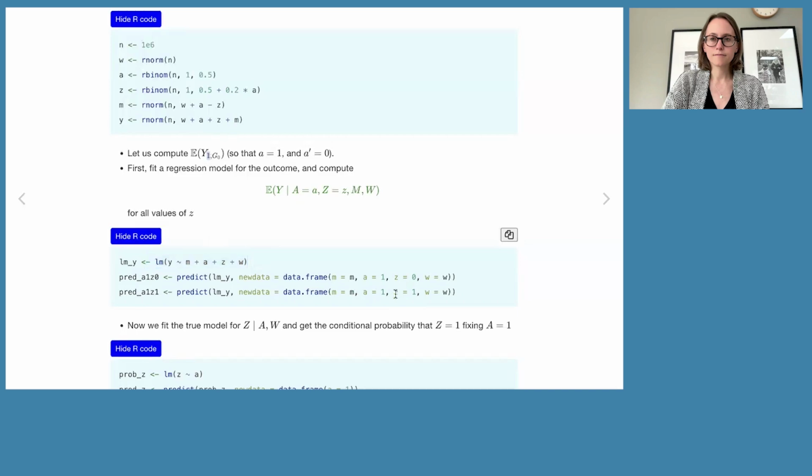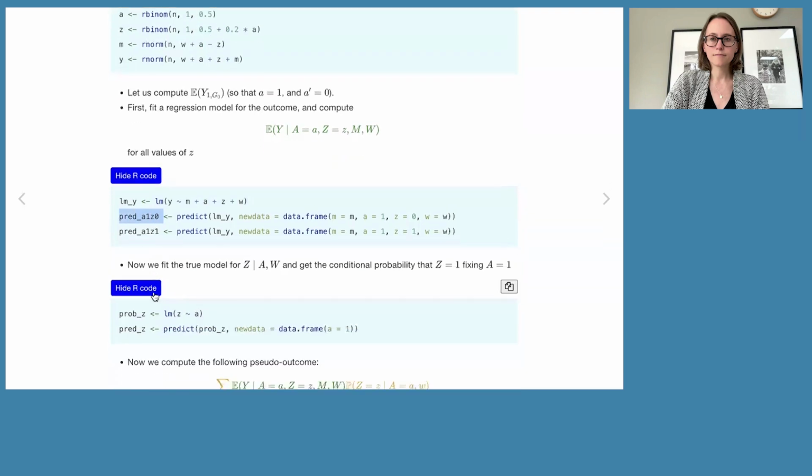We're also generating predicted values under all the values that Z can take, because we are going to marginalize over Z. In this case, Z can only take 2 values, 0 and 1. We did that for simplicity. So we're going to get our predicted values out for our outcome regression under setting A equals 1, and then Z to each of the values it can take, 0 and 1.